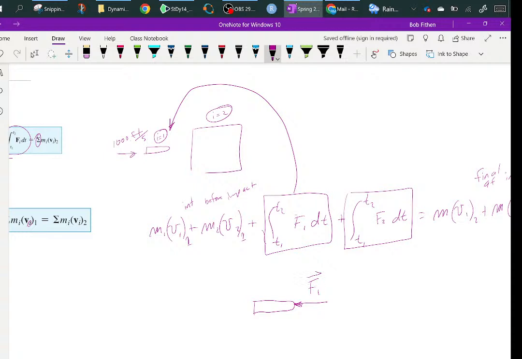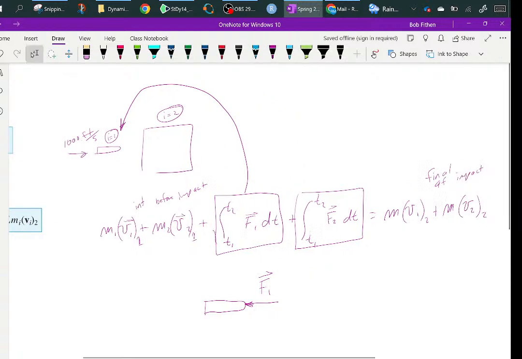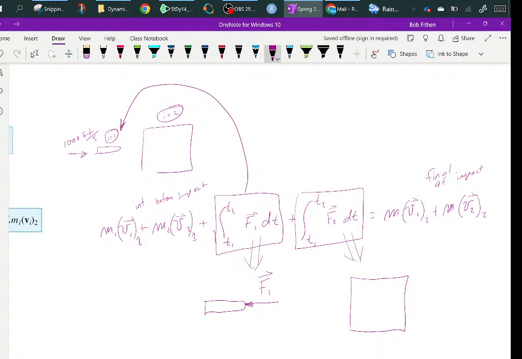Now, technically, these are both vectors, just like the velocities are as well. And then we got the block. This one deals with I equal 2. This is I equal 1.